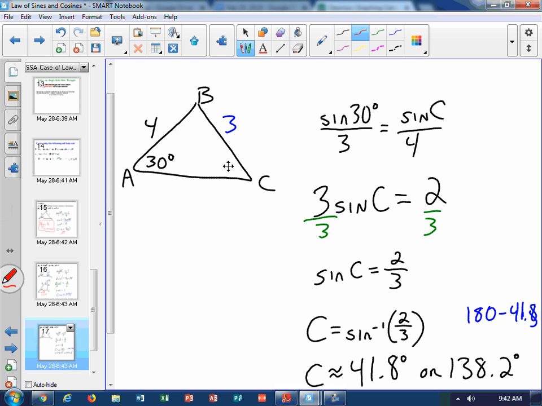We got some angle left over for angle B to add up to 180. But now let's take a look at what happens if we put in 138.2. If we do 138.2 for angle C, 138.2 plus the 30 degrees we started with is 168.2. There's still some angle left over for angle B.